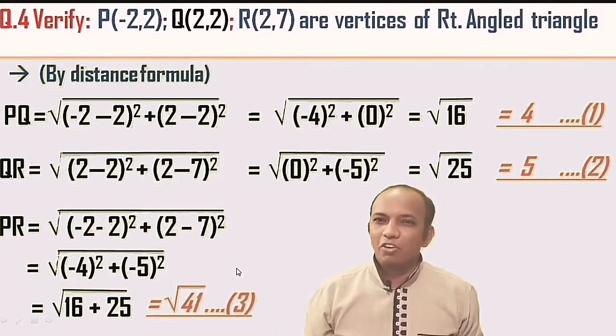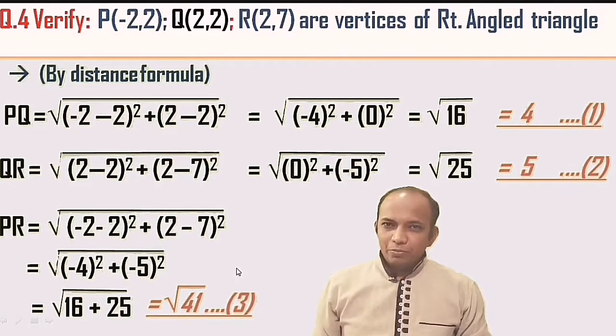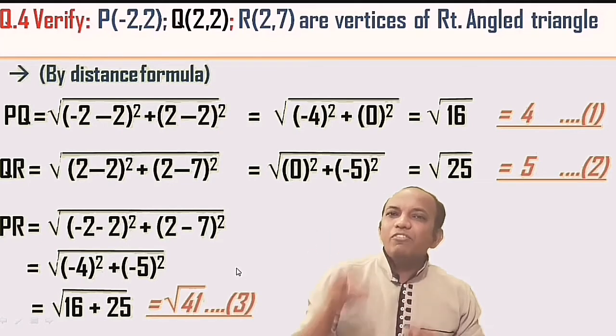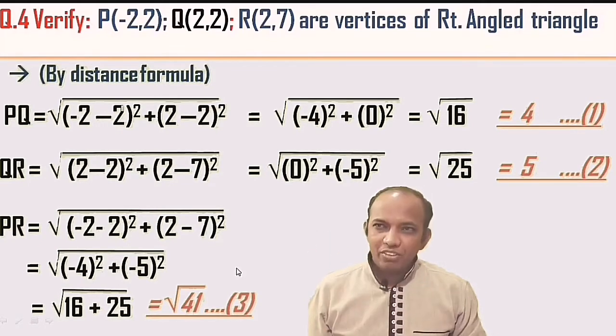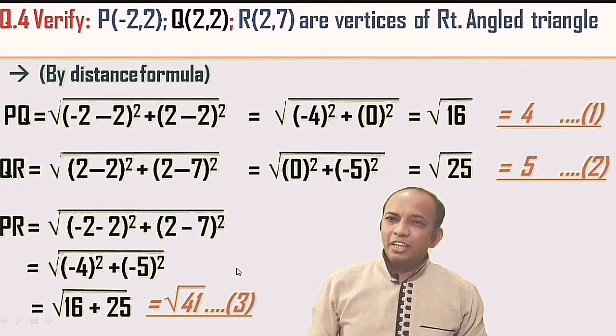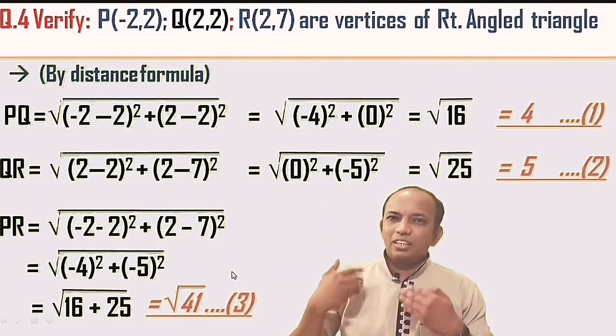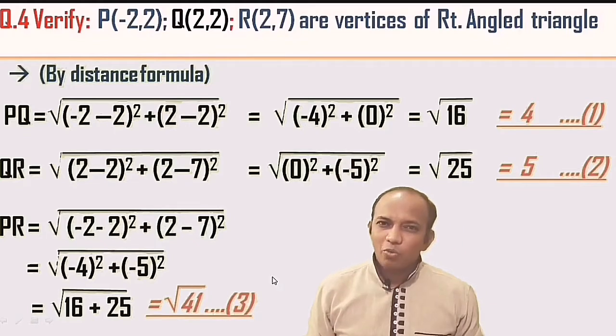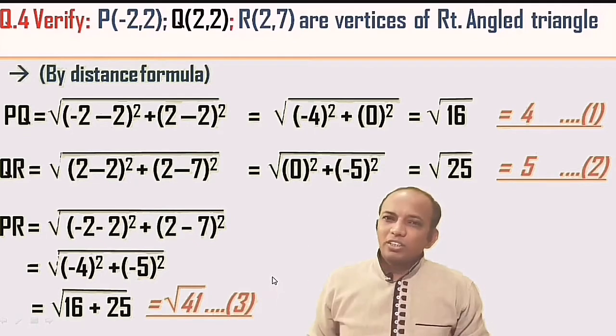Yes, PR is the longer value, because under root 41. Only 5 means under root 25, only 4 means under root 16. Now compare root 16, root 25 and root 41. Of course root 41 is the longer one, right? That is why PR is the longer side.